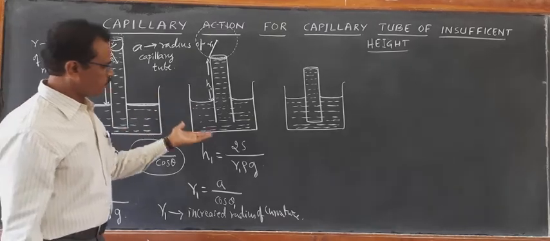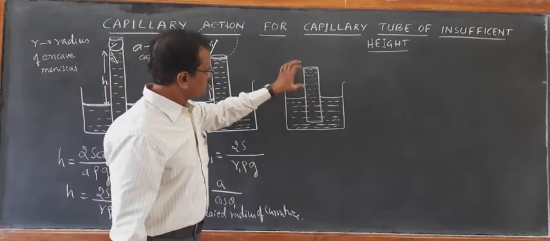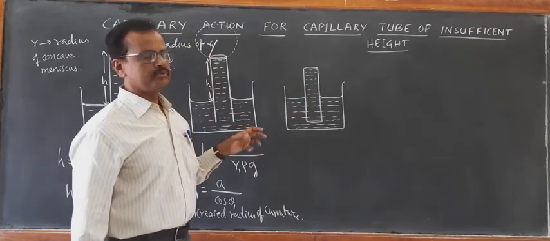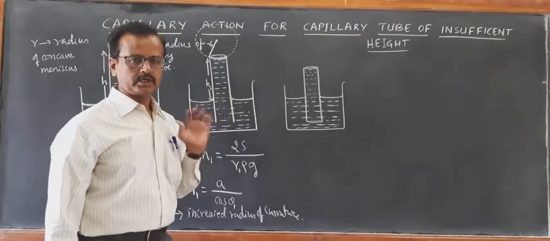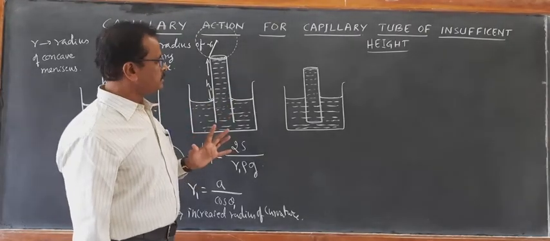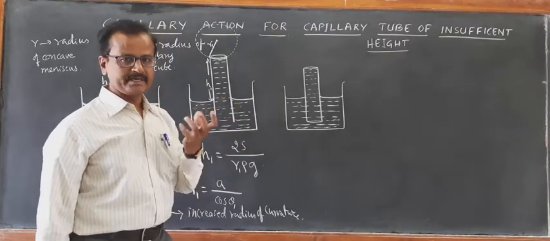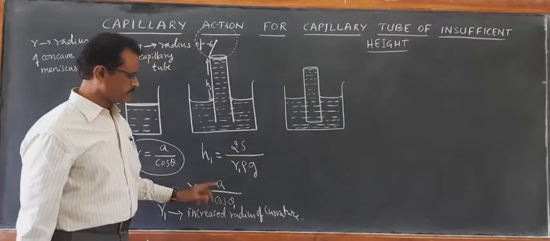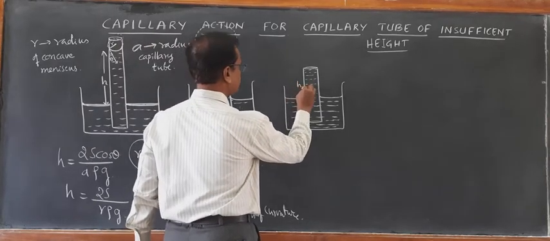Now let me see one more example. Suppose I have taken another capillary tube of still smaller height, insufficient height, and having the same radius of the tube, that is, a is the same. Then here also it doesn't overflow.